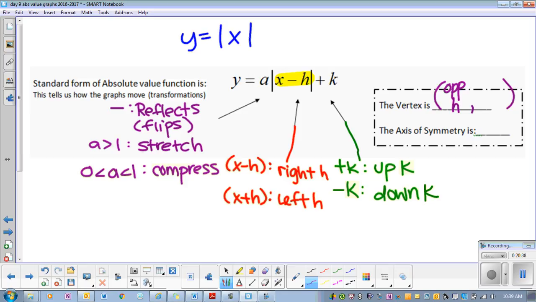That gives you your x number, opposite h. Your y number comes from just plain old k on the outside. Don't do the opposite for the k. It's just whatever k is, okay? And of course, the axis of symmetry is x equals the x number from your vertex, right?